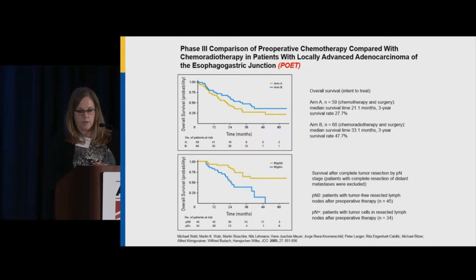So those patients that had lymph node negative disease at the time of surgery had a significantly better survival. The patients that got chemoradiation had a higher chance of having lymph node negative disease. So when you can, chemoradiation, I think we've now got enough data for esophagus and GE junction cancer that chemoradiation is preferred over chemotherapy alone.